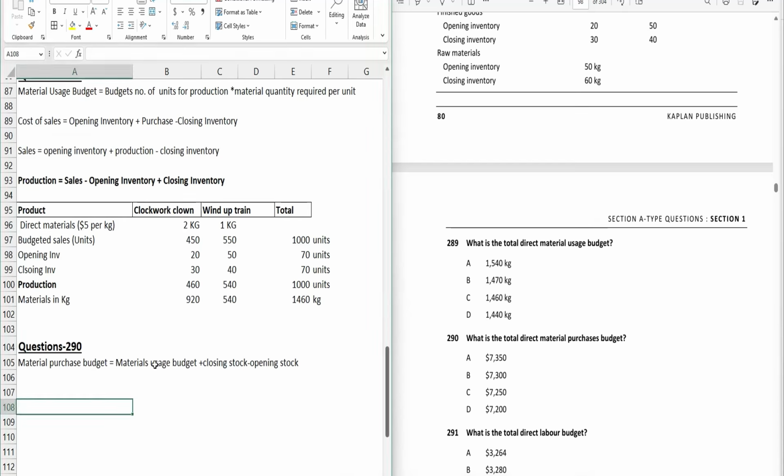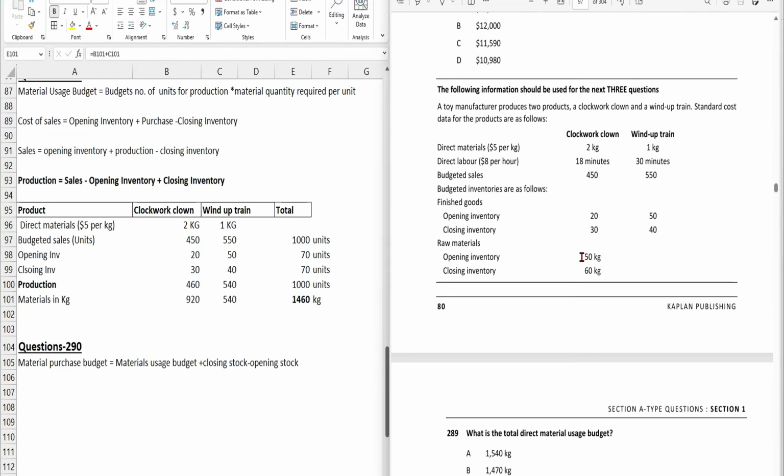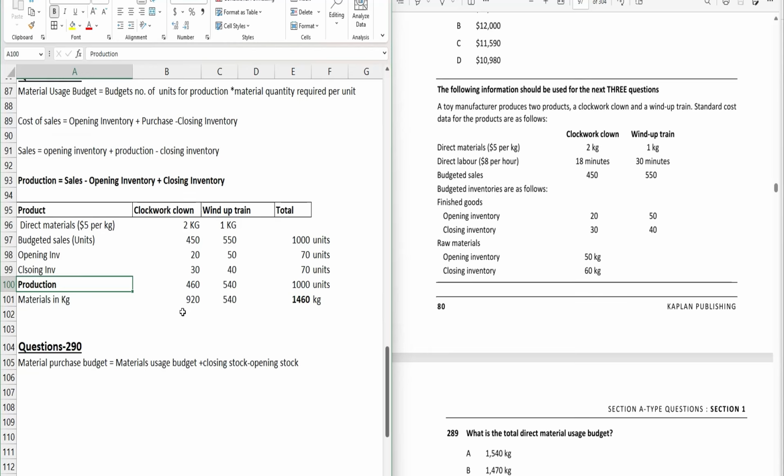We already calculated the material usage budget here, and we already have the figures for the closing and opening stock in the question, this one. Don't take the unit one, because that one is for the calculation of production in terms of units, and here we will use the opening and closing inventory of raw material, right?